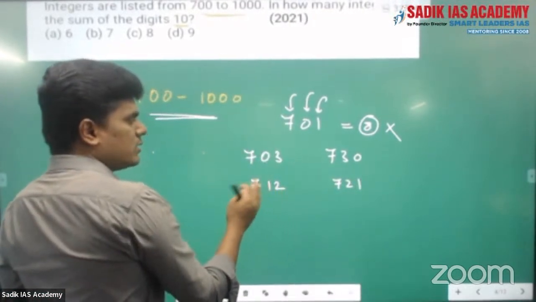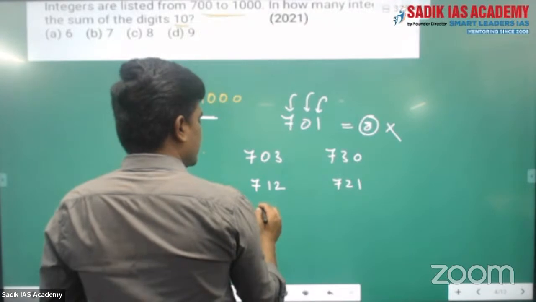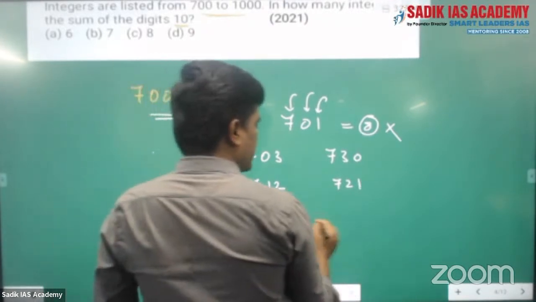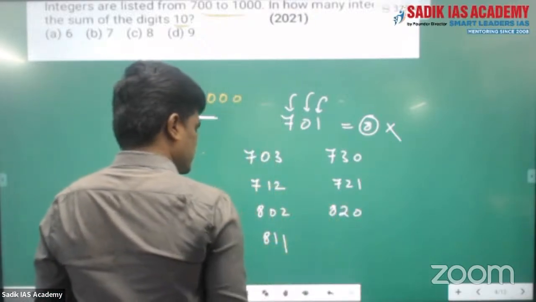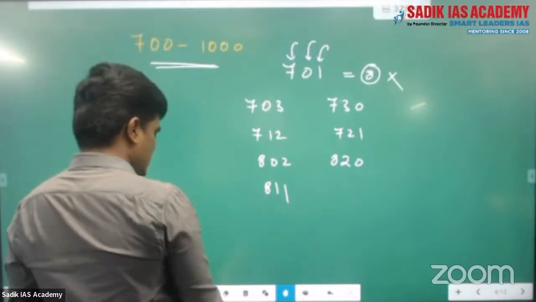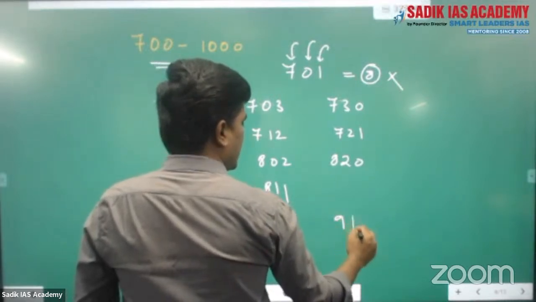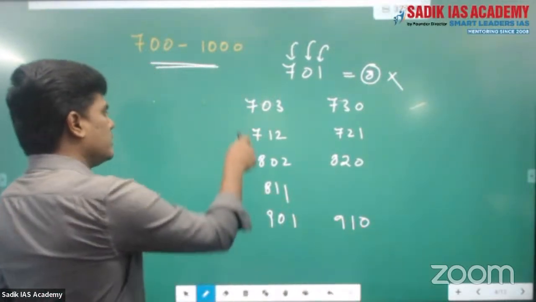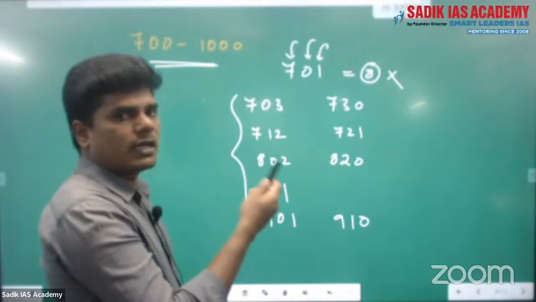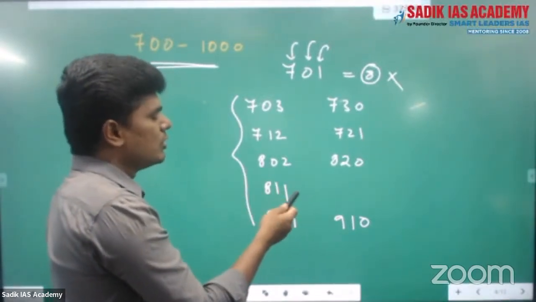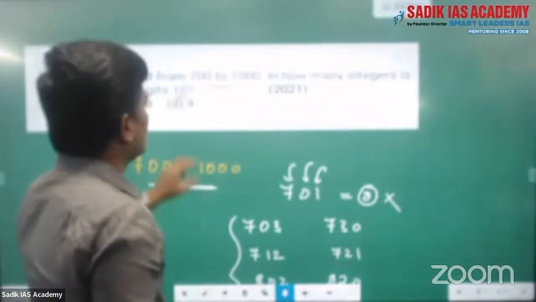That's it within 700s. Beyond that, the next number is 802, and 802 means 820 also, and 811. If I add these digits, I get 10. Then the next is 901, and 901 means 910. These are the nine numbers between 700 and 1000. If we add all the digits, we get 10.